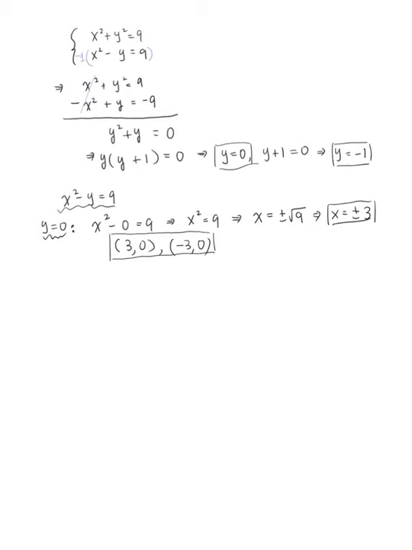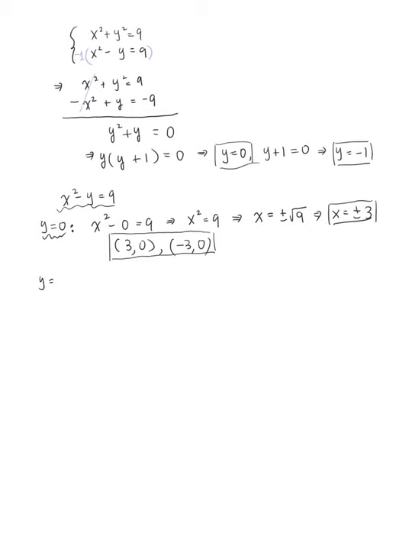Now we're going to do the same thing for y equals -1. If I plug that into x squared minus y equals 9, we're going to have x squared minus -1 equals 9. So that implies x squared plus 1 equals 9, which means x squared equals 8.